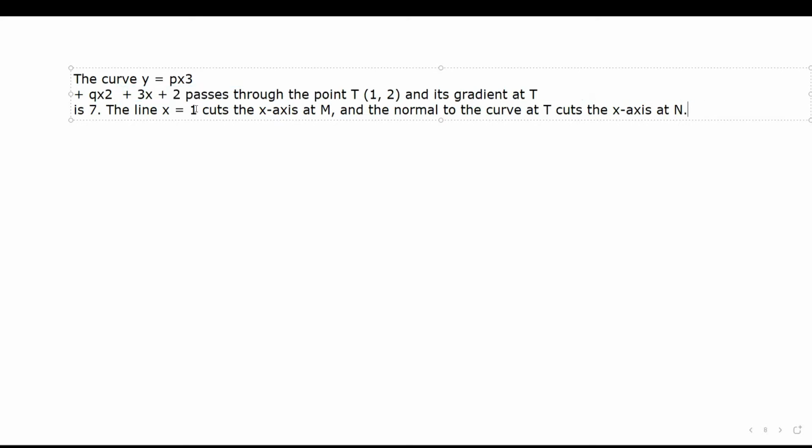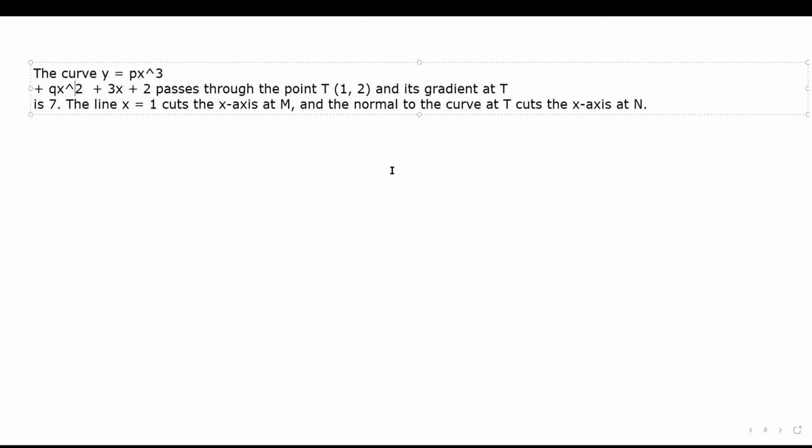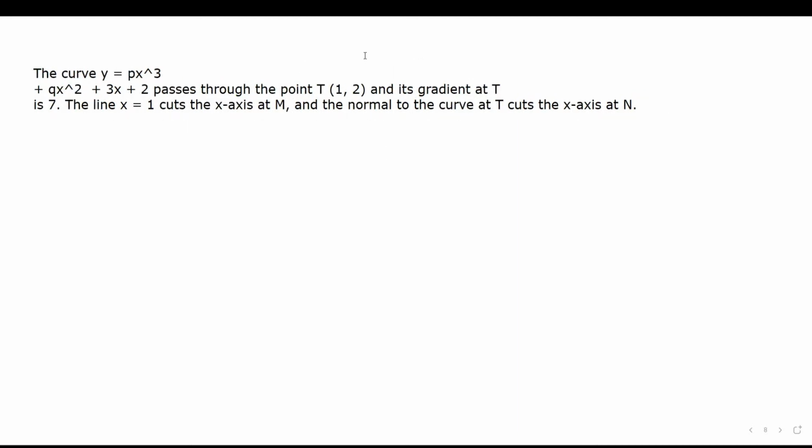So the curve is y equals px cubed plus qx squared plus 3x plus 2, and it passes through the point T, being (1, 2). So now, Marika, what they're virtually telling you is if it passes through the point T, you know a point on the curve. So basically, when x equals 1, you know that y is 2.